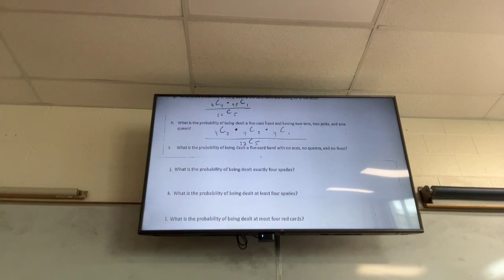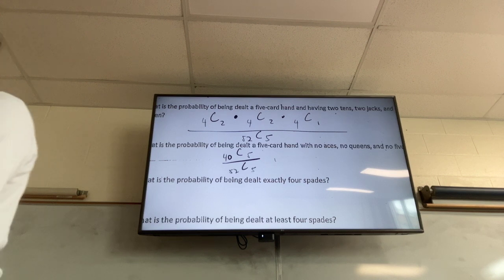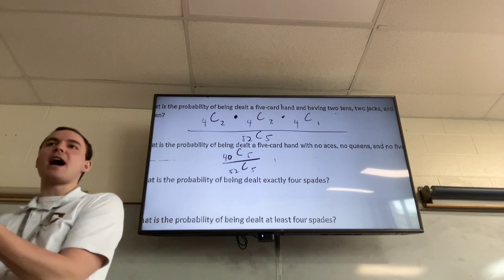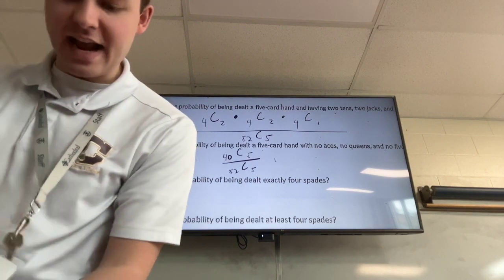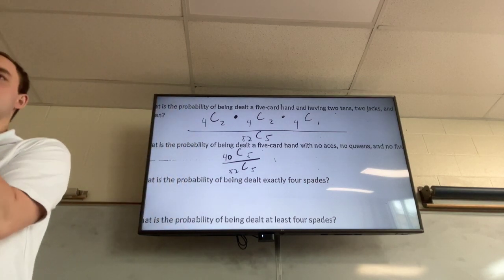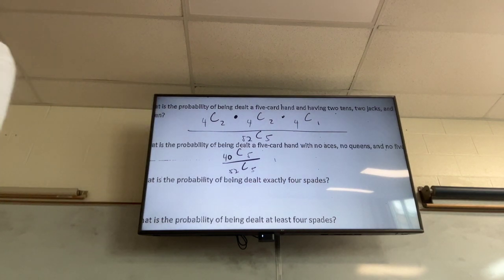So from those 40 leftover cards we have, we want to choose 5 of them, and then we divide that by the total. That makes sense? From those 40 cards that aren't an ace, queen, or 5, how many 5-card combinations can we pick? And then divide that by the total number of 5-card hands. Does that make sense?